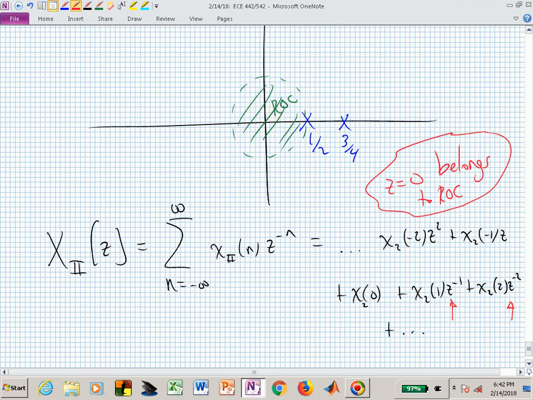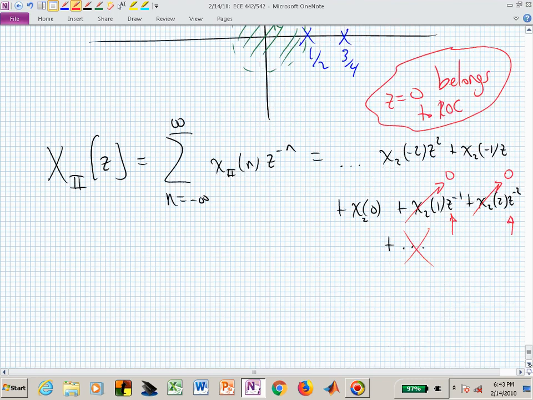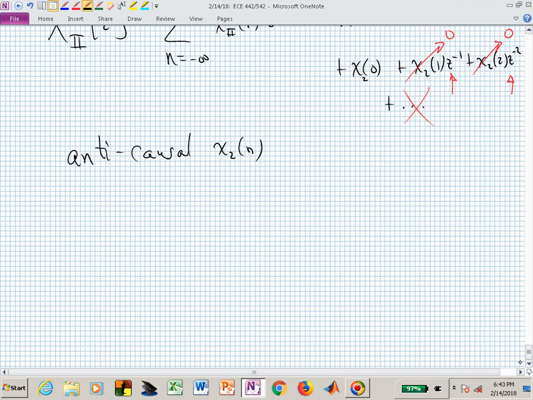Well, it'd be disastrous in terms of capital X sub 2 of z unless all of these sequence values are 0. So now we know that little x sub 2 of n is anti-causal.